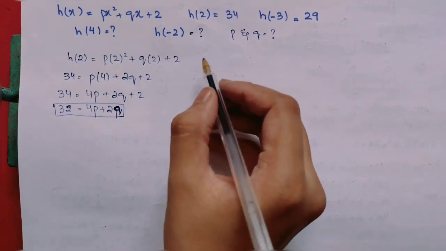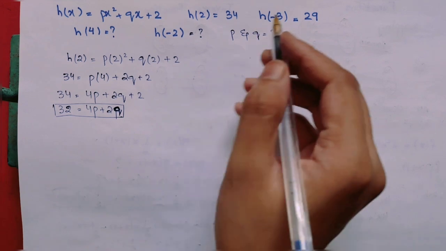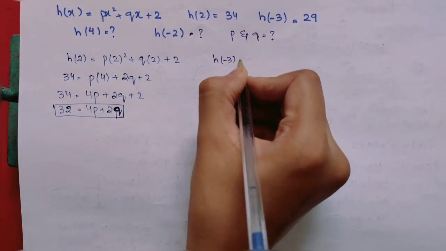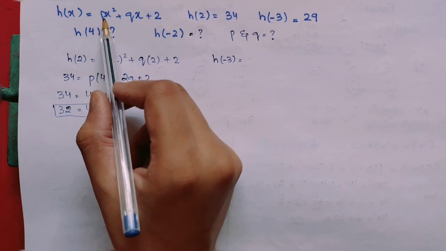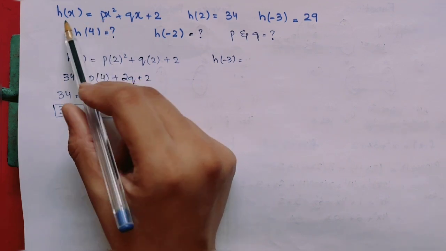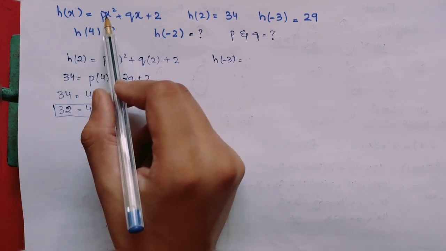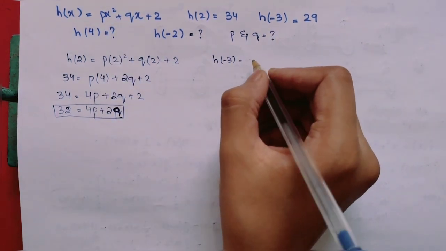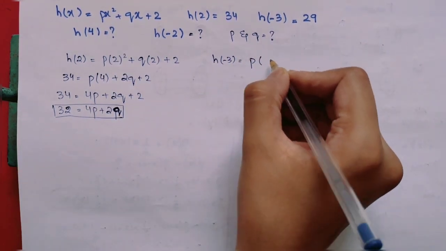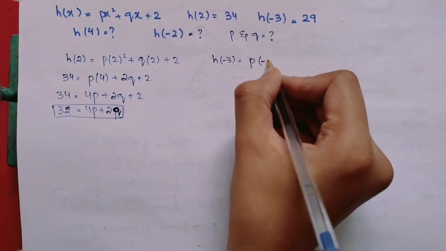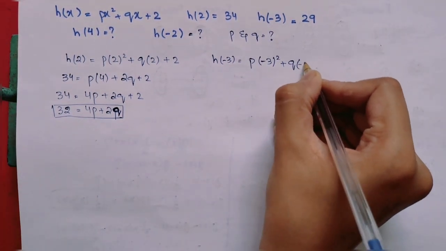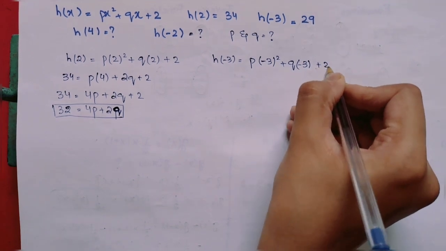You can say this is your equation number 1 because you have to find the values of p and q. Okay, next thing you are given is h of minus 3. How can we write h of minus 3? Put the value in h of x where we have x, replace it by minus 3. P instead of x I write here minus 3 square, plus q times minus 3, plus 2.